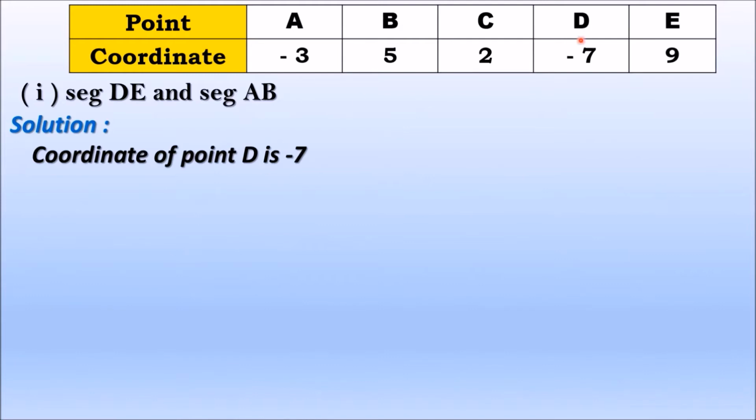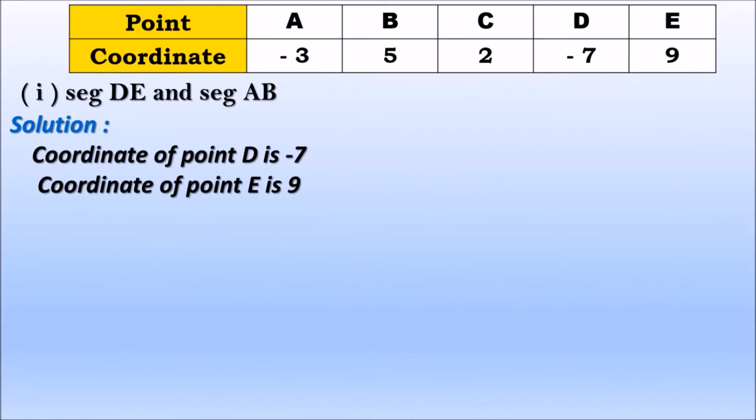You can see in this table the coordinate of D is minus 7. The coordinate of E is 9. Look at this table, the coordinate of E is 9. Now we will find the distance between points D and E.